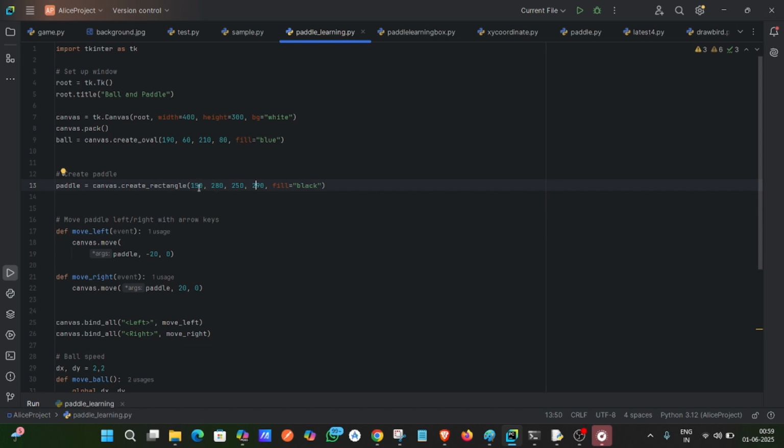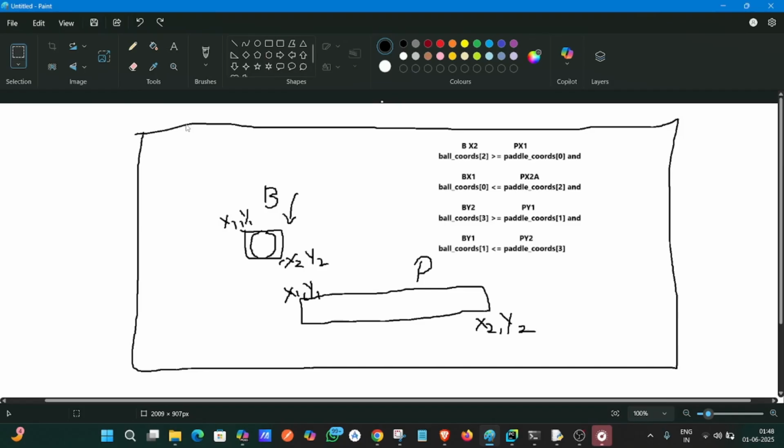And I already explained to you: coordinate 0 is this, coordinate 1 is this, coordinate 2 is this, coordinate 3 is this. Now it's very easy to check the collision logic. So let's understand the collision logic.